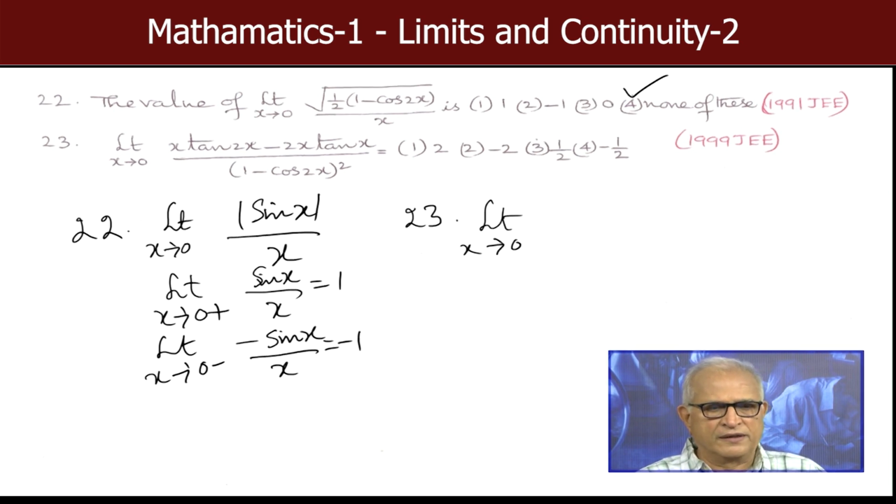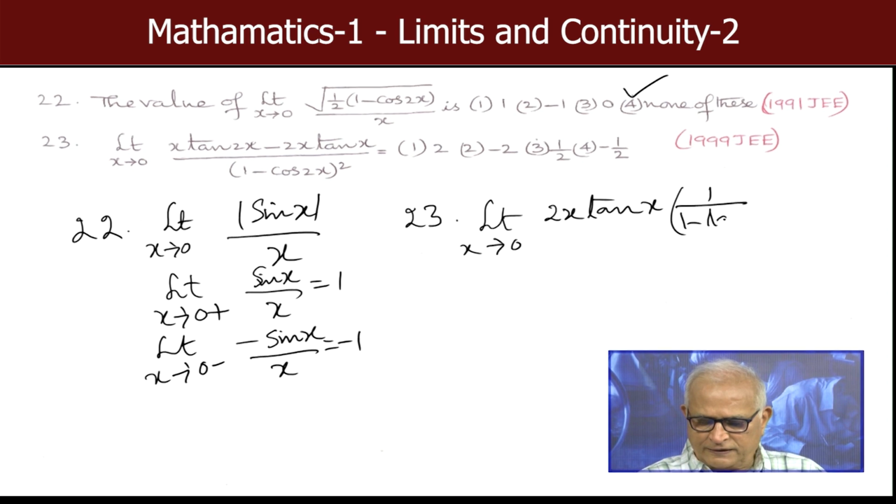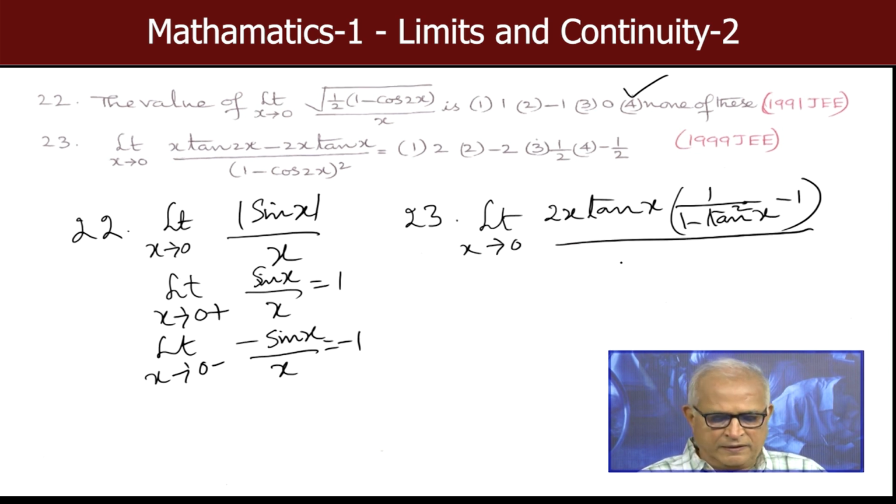minus tan squared x, I can take out 2x tan x common into 1 by 1 minus tan squared x minus 1, by 1 minus cos 2x whole square. Follow?